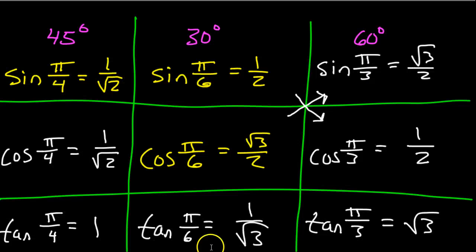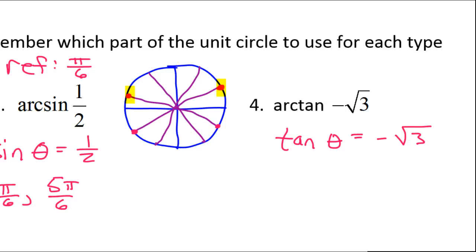Let's look at our scratch paper. Here's radical 3 right there. So that tells us the tangent of pi over 3 is radical 3. So that's our reference angle. Let's write that down. Our reference angle is pi over 3.